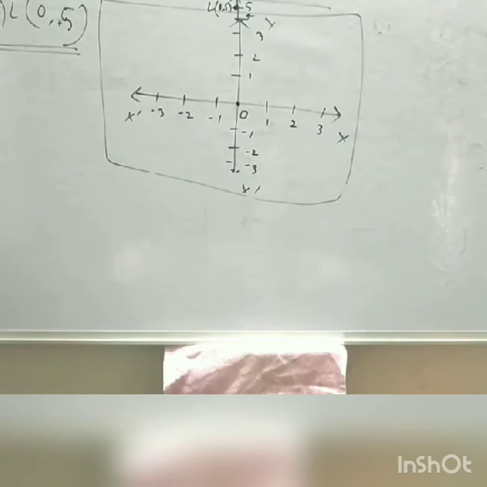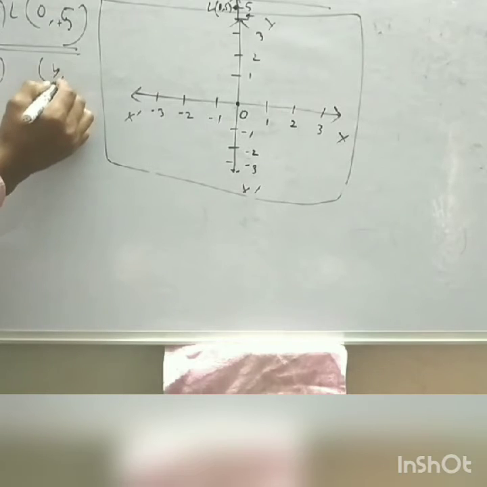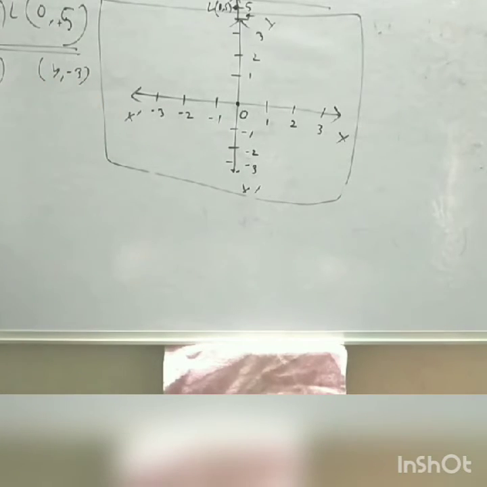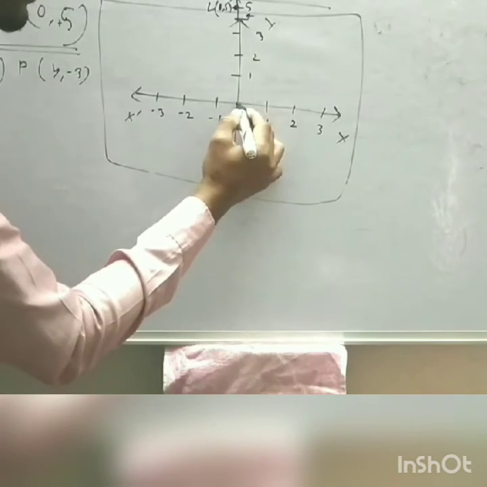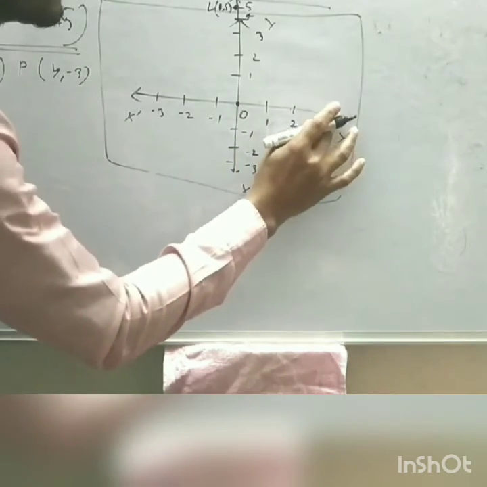Then another question, B: (4, -3). How will we put this point (4, -3) on a graph paper? Similarly, 4 is the positive one and -3 is the negative one. So for 4 we move to the positive side: 1, 2, 3, here it is 4.